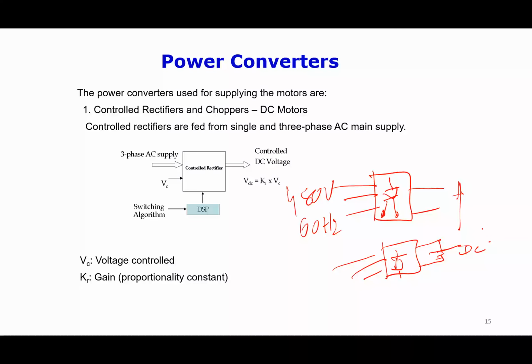Please go through all the items that you learned on thyristor converters, as that will be useful. You have a 3-phase supply, then a controlled rectifier, then you get the controlled voltage. The thyristors are controlled using a logic switching system, which can be implemented using DSPs, logic, or discrete circuits; it doesn't matter.